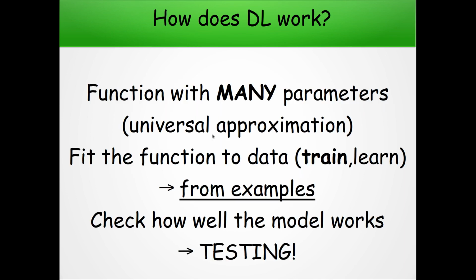So I have a deep learning model that can be seen as a function with many parameters. And when I have a function with many parameters, it can be very flexible. And it is said, there is a theorem that states that deep learning networks have the universal approximation property. So theoretically, they can be used to solve any problem.